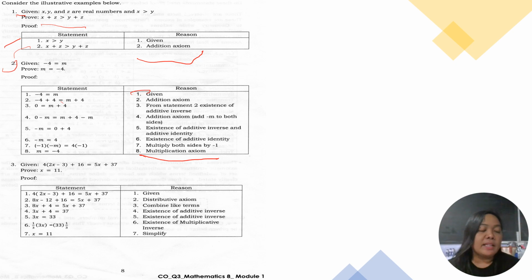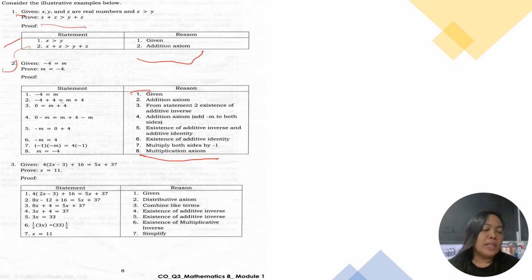So copy 8x plus 4 equals, copy 5x plus 37. So that is our statement number 3. Then we go to statement number 4. Make our statement number 4 by using the existence of additive inverse.